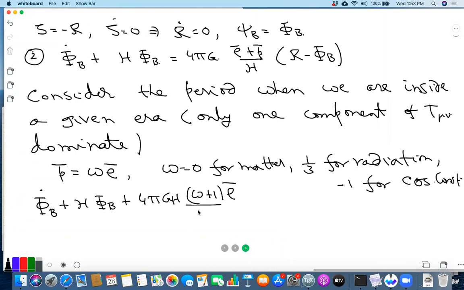And here you have h squared, because I have multiplied by h in the numerator. But what is h squared? h squared is 8 pi g over 3 times rho bar. So on the right hand side, you have 4 pi g h again, and rho bar times 1 plus w over h squared. Again I write h squared as 8 pi g over 3 times rho bar.